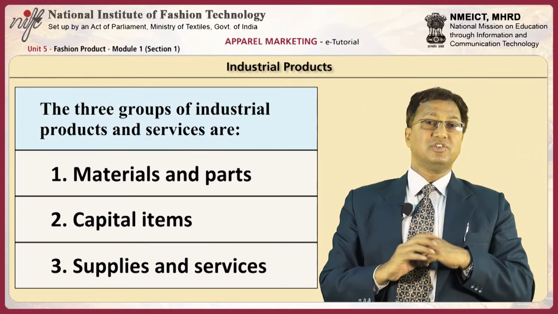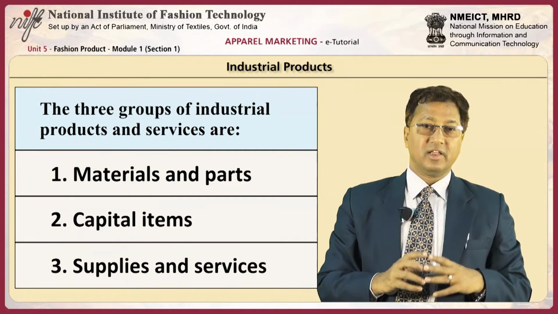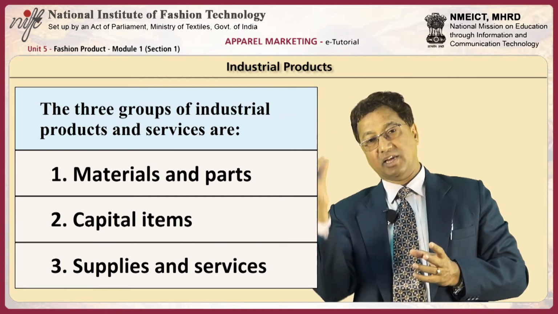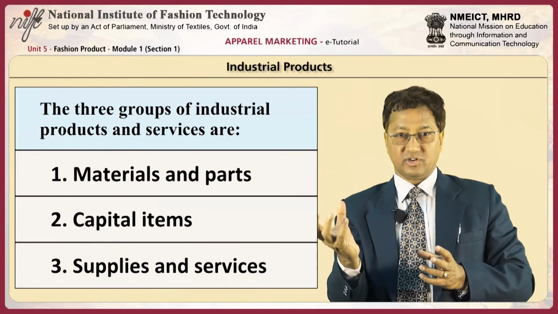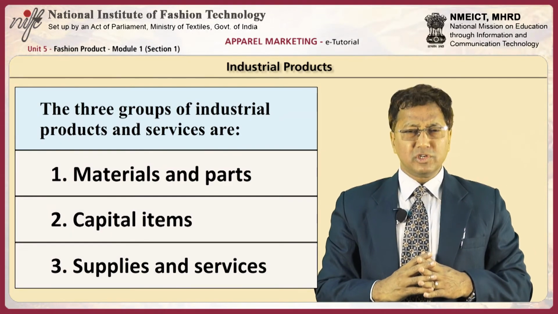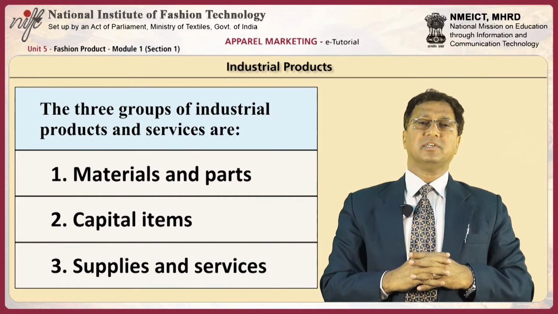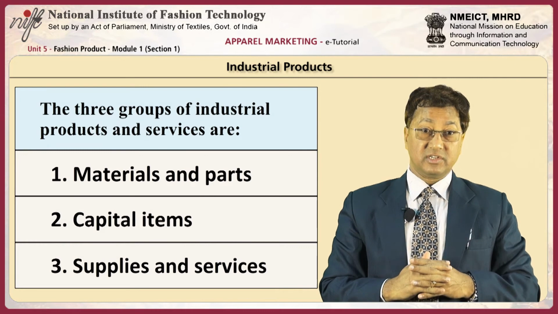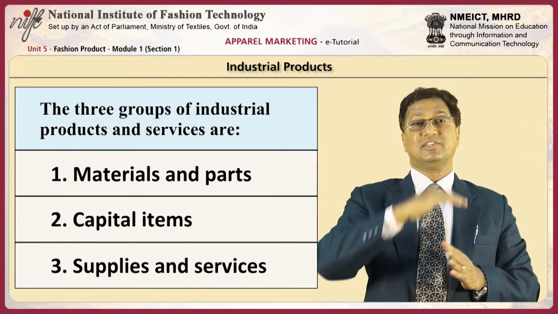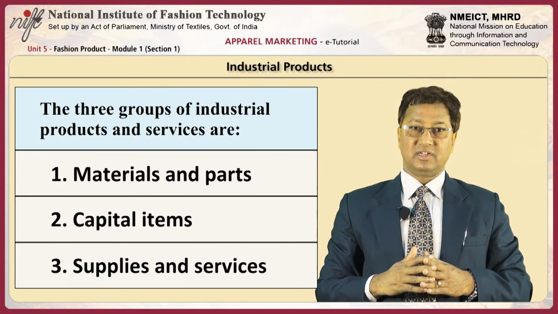Now, natural cotton is the natural raw material, whereas the yarn is the manufactured one. So, invariably, most manufactured materials and parts are sold directly to the industrial users.